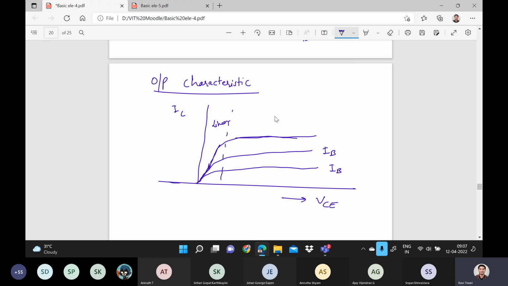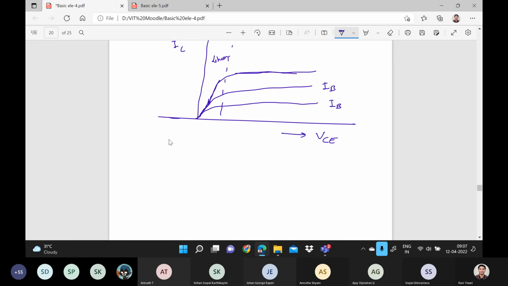Okay, don't worry. Now, we want amplification. So how we will get the amplification, that is the more important thing. So we should know the concept of the DC load line. What is that?